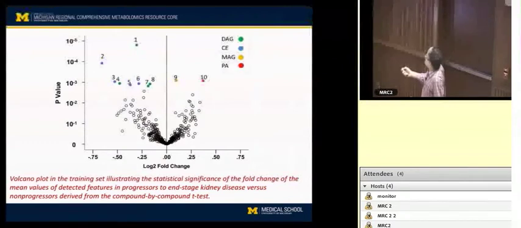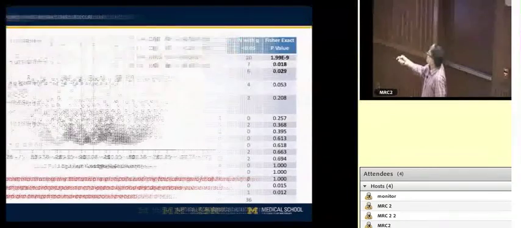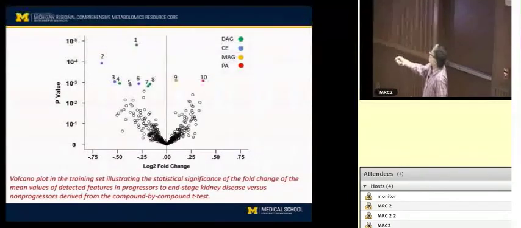So this is the log fold change in positive direction, meaning that if a biomarker is in the positive area, a higher level of that is associated with higher level of progression, and if it is on the other side, the lower level is associated with progression.